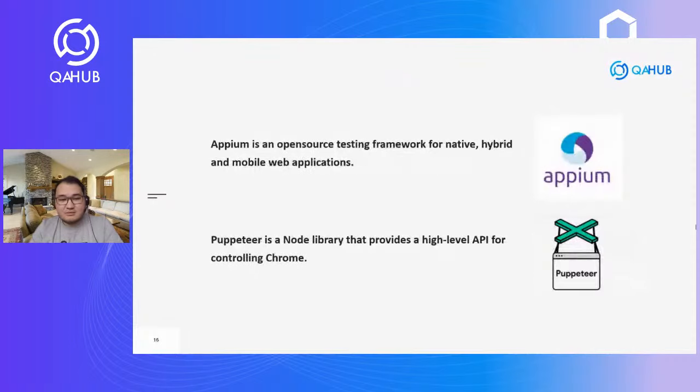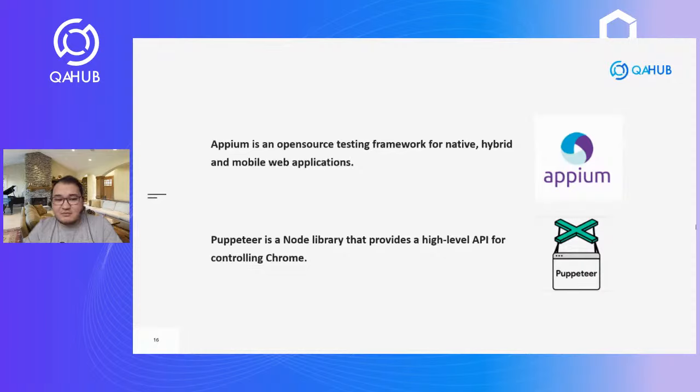The next tool is Appium. It's an open source testing framework. It also works with a lot of programming languages: Java, C Sharp, Python, PHP. Also has integration with CI/CD and other testing environments.